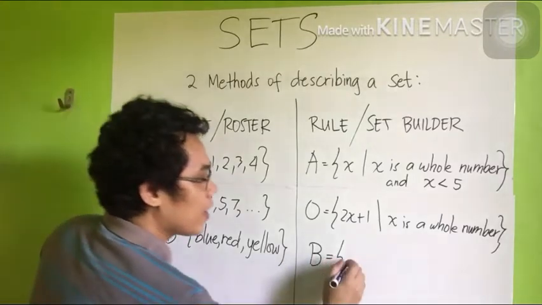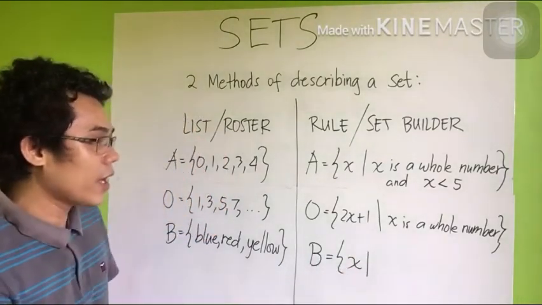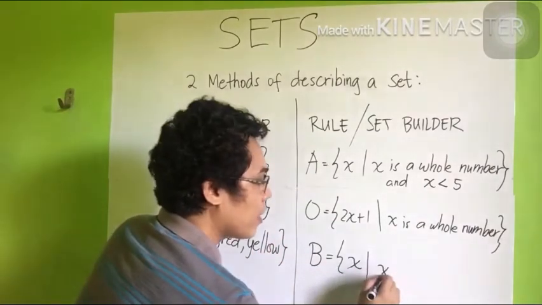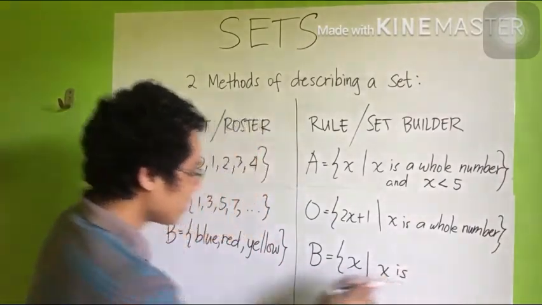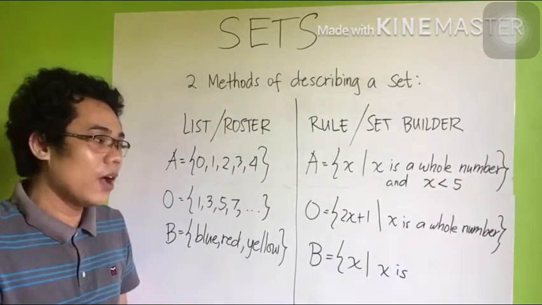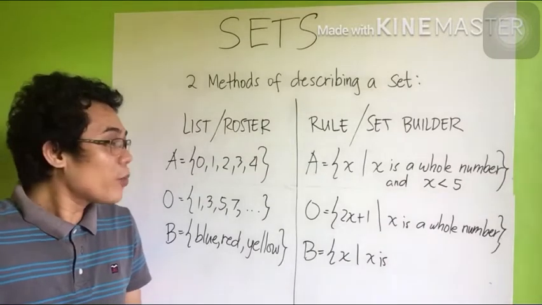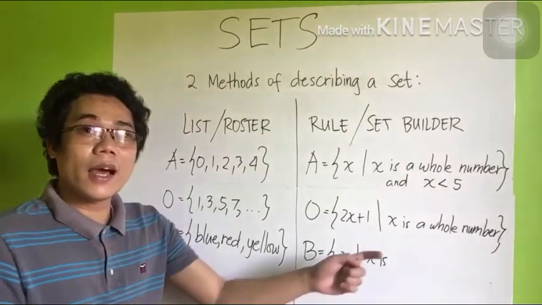So, una, lagay muna tayo ng x. So, ito yung representative natin na object. And then, hanap tayo ng rule for this. x is, ano tong blue, red, yellow? Anong characteristic na common sa kanila? So, take note that this blue, red, yellow are primary colors. So, pwedeng yan ang ilagay natin as a set rule.